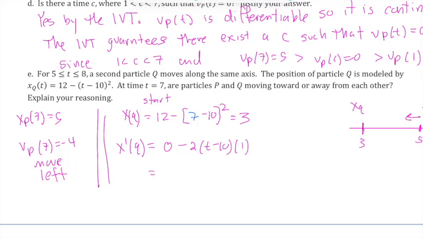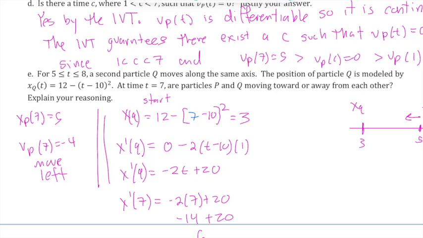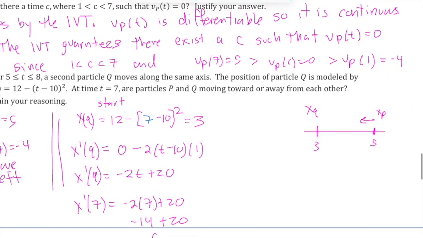So it looks like this is going to be negative 2t plus 20. Then we need to figure out what's going on at 7. This is negative 2 times 7 plus 20, negative 14 plus 20, which is 6. So this is moving right. So it looks like the particles are moving towards each other.